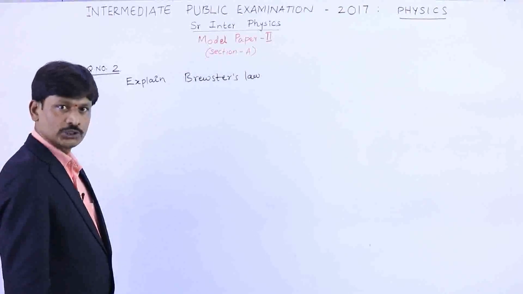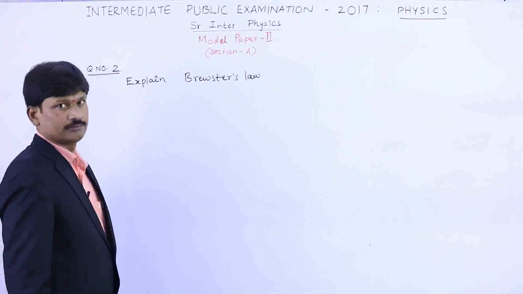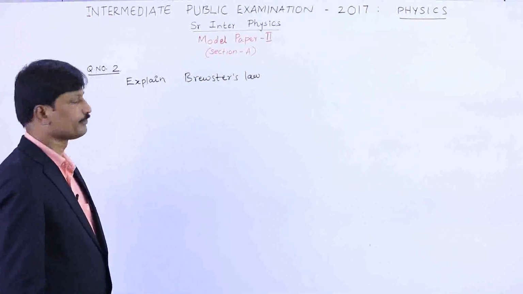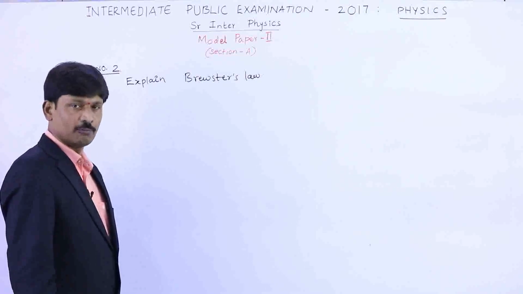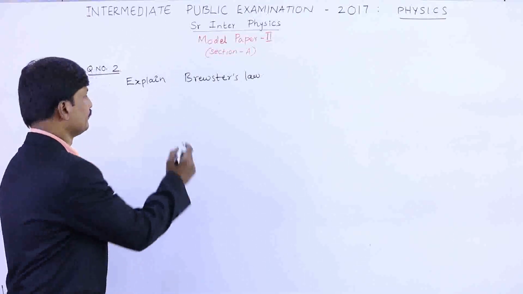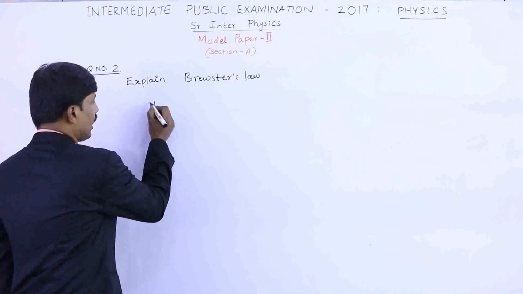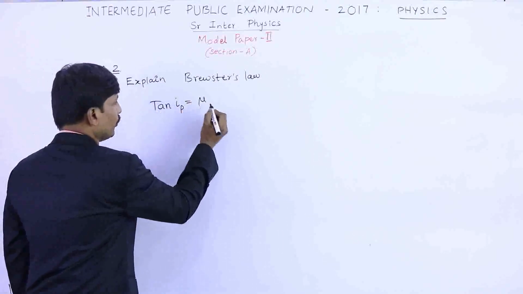Now, question number 2. Explain Brewster's law. The statement is, the tangent of the angle of polarization is numerically equal to the refractive index of the medium. That is, tan IP equals mu.